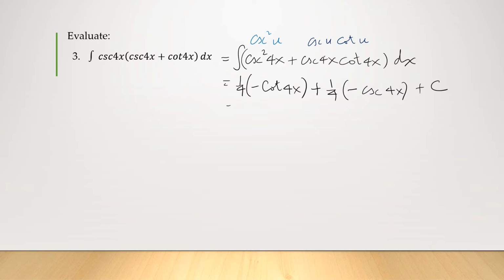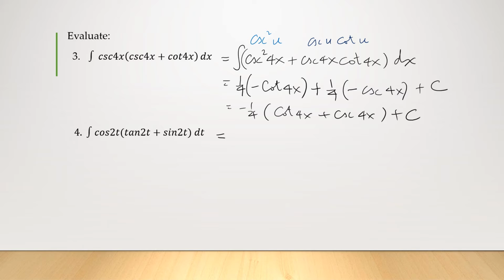So we can factor negative 1/4 times cotangent 4x plus cosecant of 4x, plus c. Right? So the next one is the integral of cosine 2t tangent 2t plus sine 2t dt.